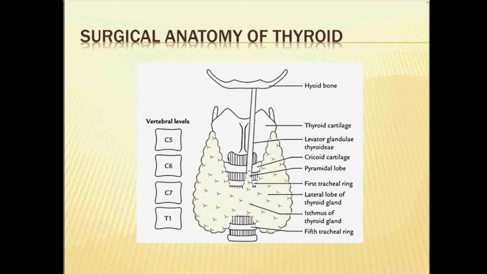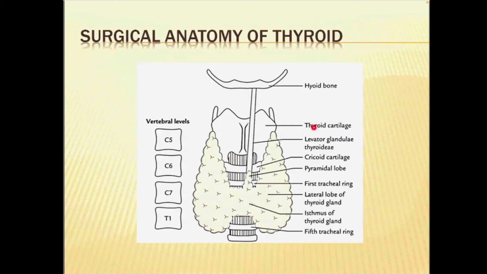Here you can see the hyoid bone coming up to the thyroid cartilage and cricoid cartilage. These are the three cartilages and bony structures we are going to deal with: hyoid bone, thyroid cartilage, and the cricoid cartilage.